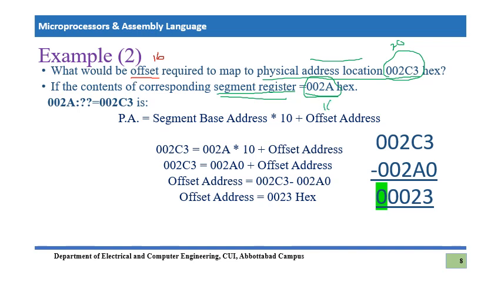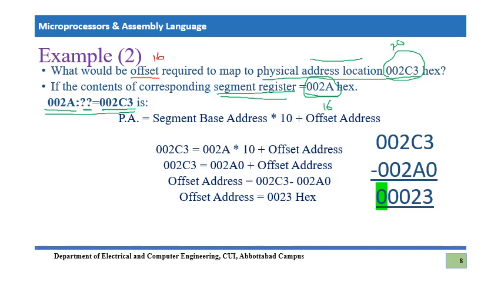So we are given the segment base address and the physical address, and we are supposed to calculate the offset part of the logical address. So this can be written in this format. This is the segment base address which is given, this is the physical address which is also given, and we need to calculate this offset part.